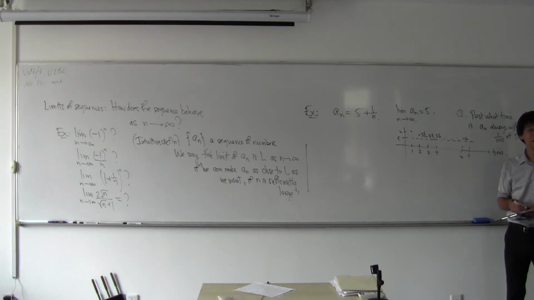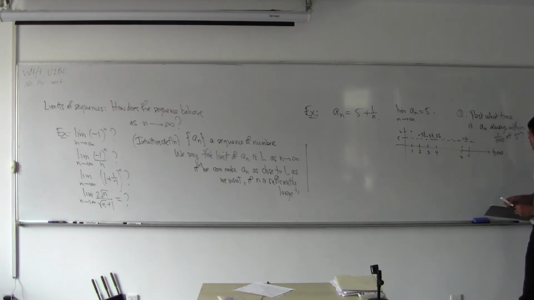Almost 100, yeah. Because if we come out to time 100, the value is going to be 5 plus 1/100, and past that time, all the values are even closer to 5.